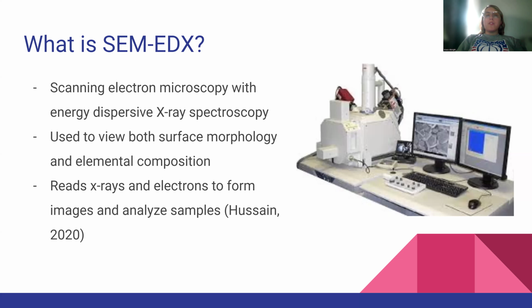It's used to view both surface morphology and elemental composition, since scanning electron microscopy on its own is only really good for viewing the surface morphology. With this, it reads X-rays and electrons in order to form images and analyze samples, according to Hussein.